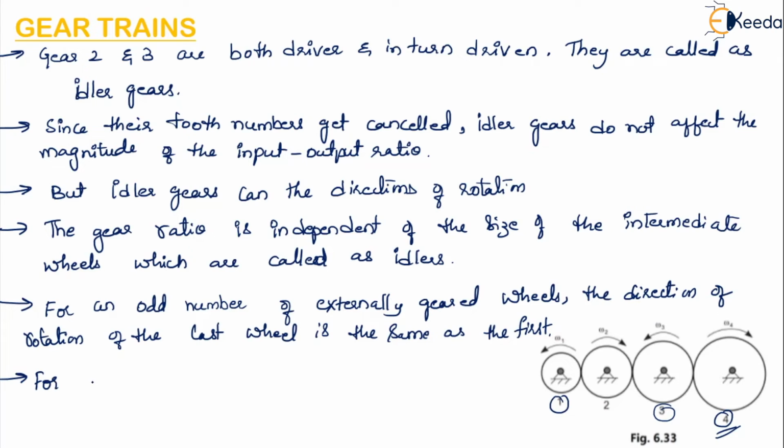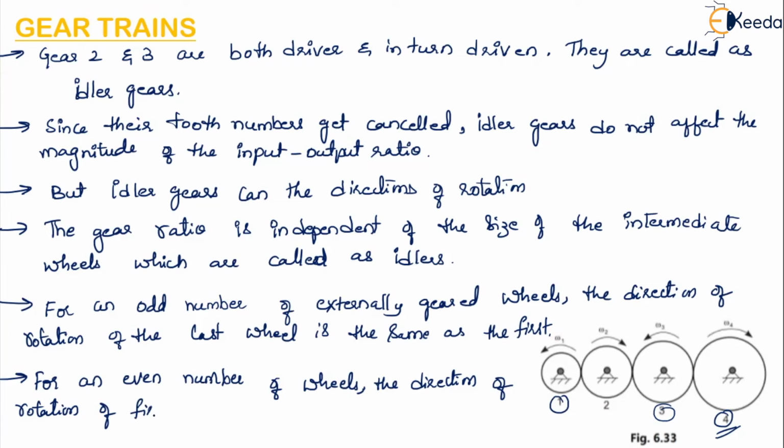So for an even number of wheels, the direction of rotation of first wheel is opposite to that of last wheel.